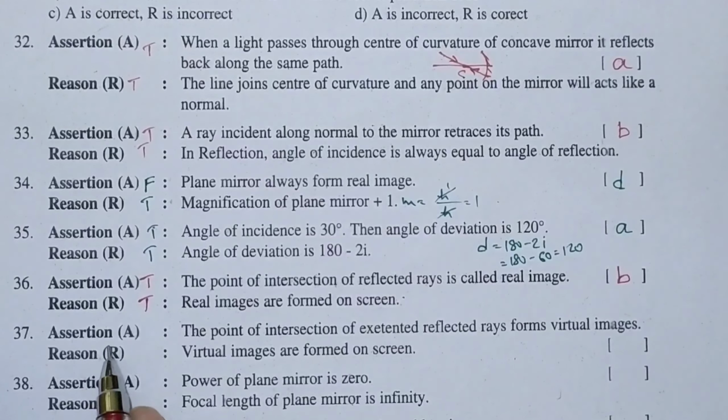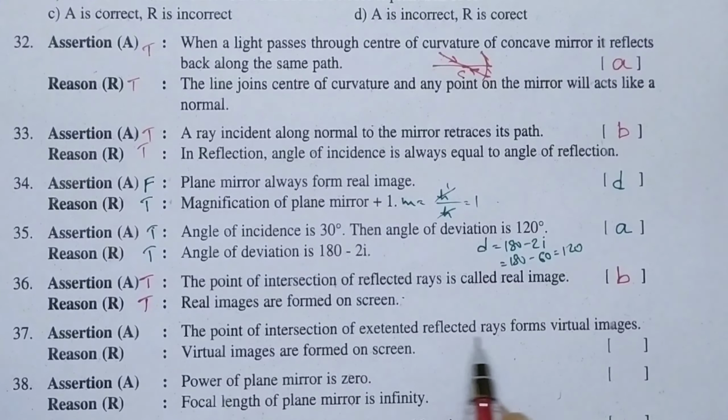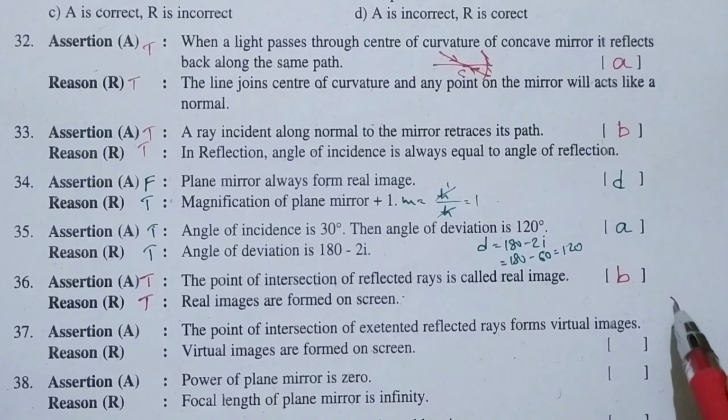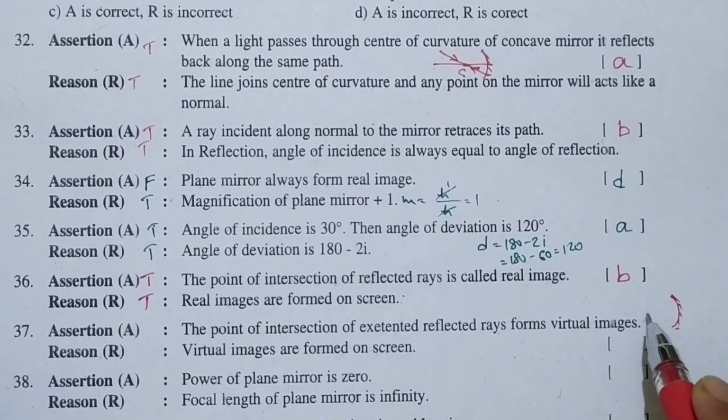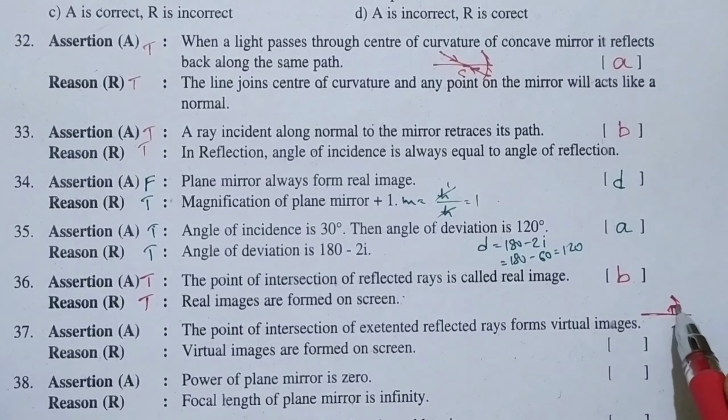Assertion A is given as the point of intersection of extended reflected rays forms virtual image. This one is true. Whenever you take any mirror, like here we can take the concave mirror, and under the last case, see when you draw a parallel line, it will pass through the F. Now here it can be extended, right?